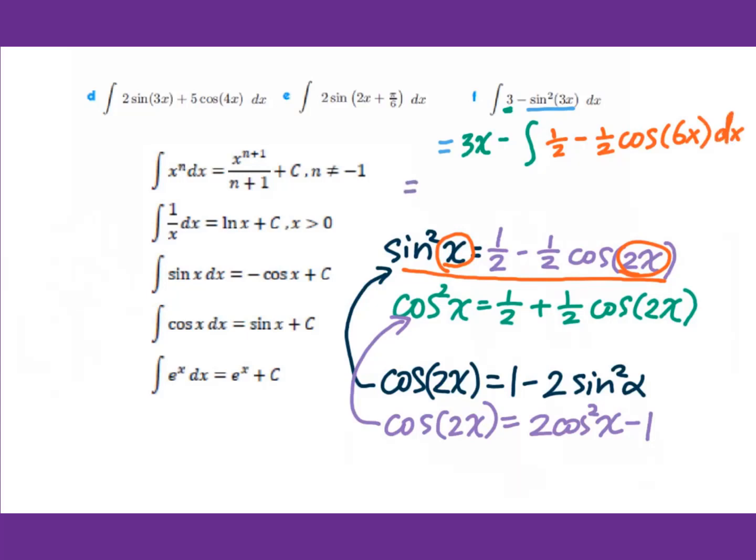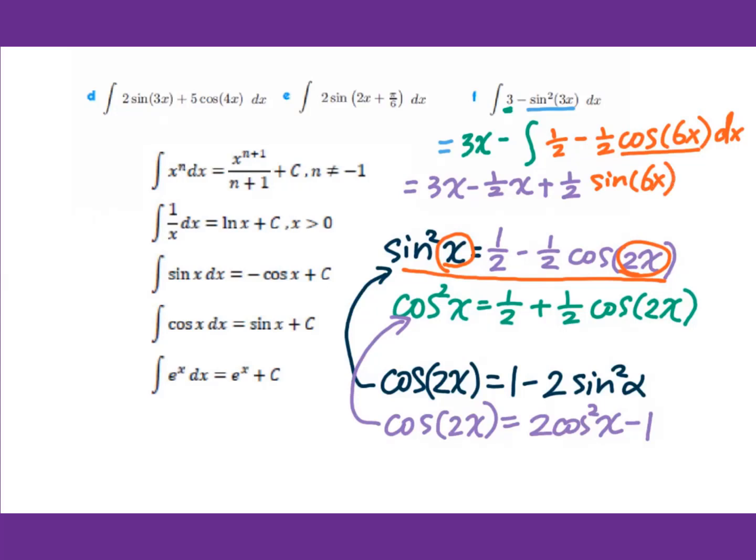Therefore, you will get 3x minus 1/2 x. Then negative is a positive 1/2. Then the integral of cosine 6x will be sine 6x.